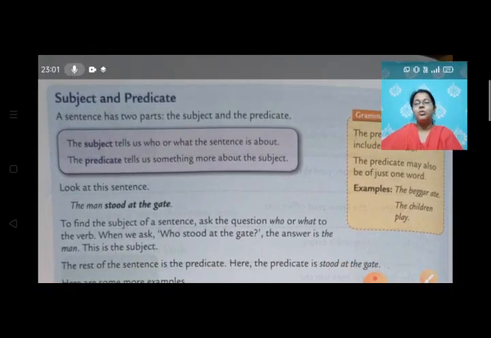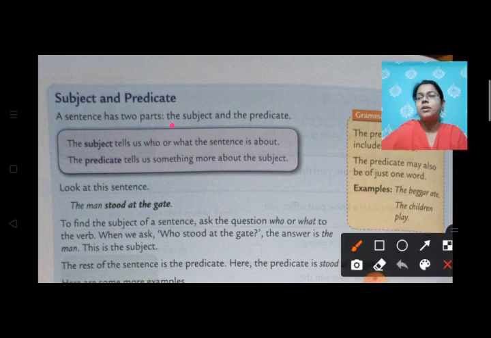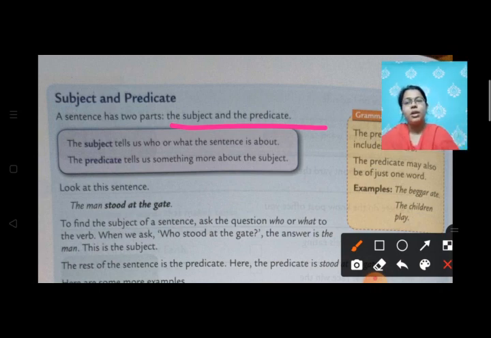Okay, now as I told you before students, a sentence is divided into 2 parts, subject and predicate. Now what is the subject and what is the predicate? Subject tells us who or what the sentence is about. What is the subject of a sentence? The one that is being talked about, or the remaining portion of the sentence is talking about that is considered to be the subject.